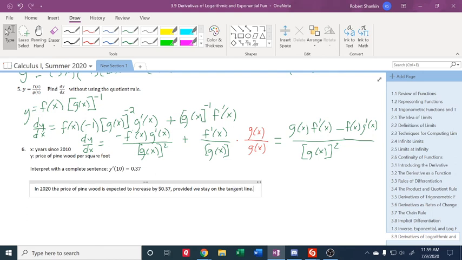They won't understand the clause at the end, but they'll understand the first part, which is the main part, and you did an excellent job. In 2020, the price of wood is expected to increase by 37 cents if current trends keep prevailing, and then finally putting in a little technical terms, provided we stay on the tangent line. Okay.